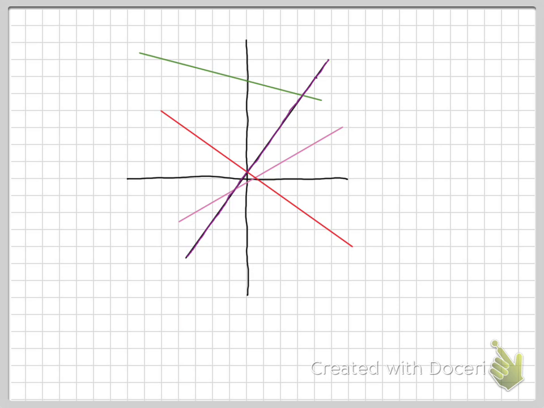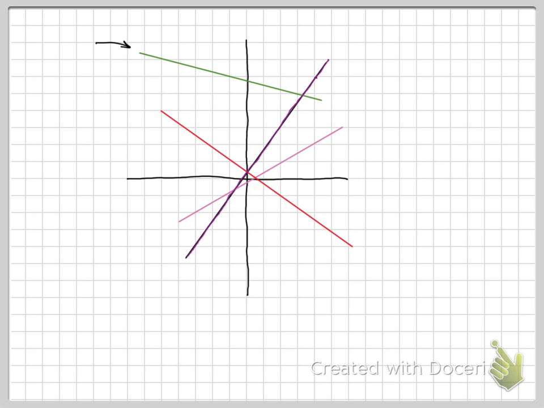Okay, so we're finding the slope of each one of these lines. We're going to be using slope triangles for this. We'll start with the green line up there on the top. The way that you find the slope from a graph is to pick out 2 points where the line goes through the diagonals of each square.